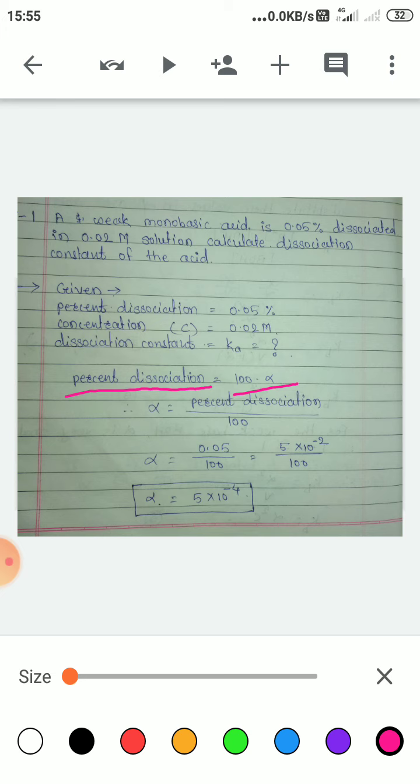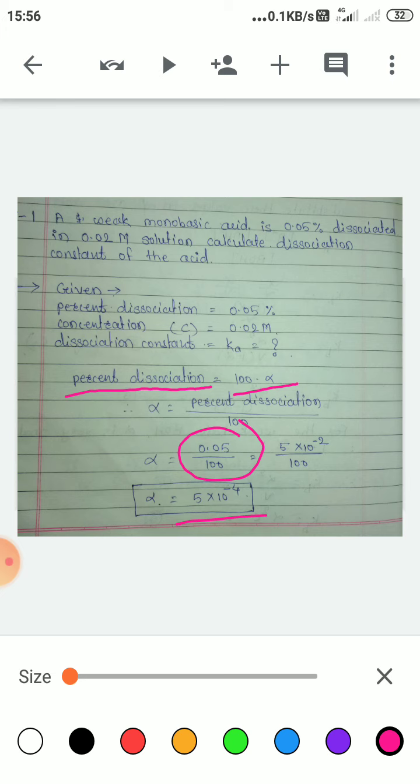Therefore alpha is equal to 0.05 upon 100, or we can also write 0.05 as 5 into 10 to power minus 2 divided by 100. Then we get alpha equal to 5 into 10 to power minus 4, which is the degree of dissociation.